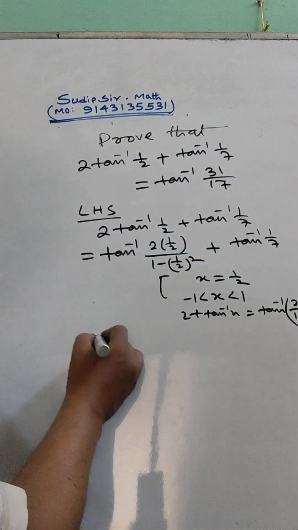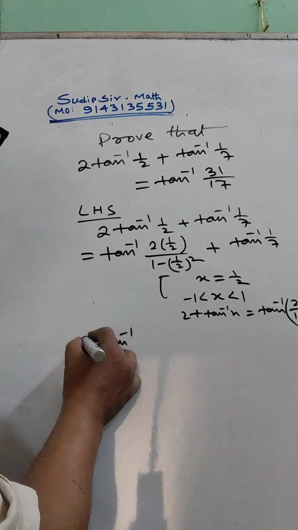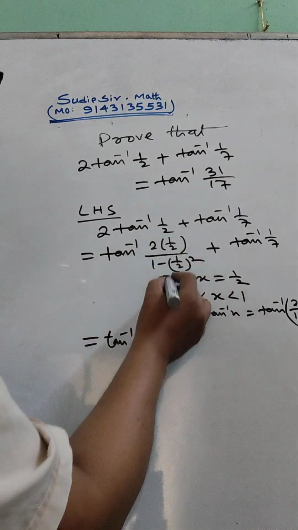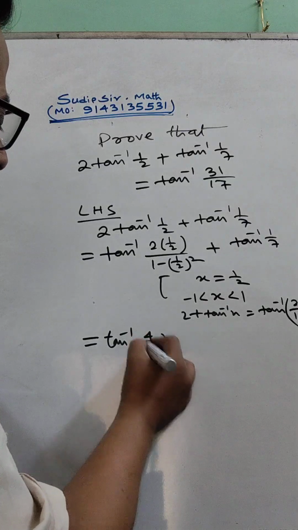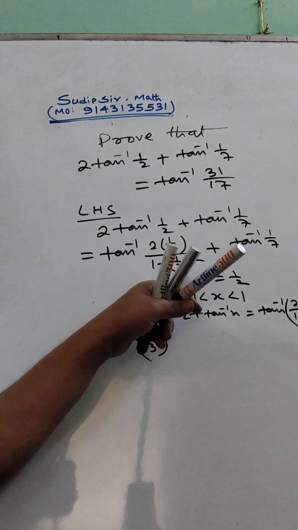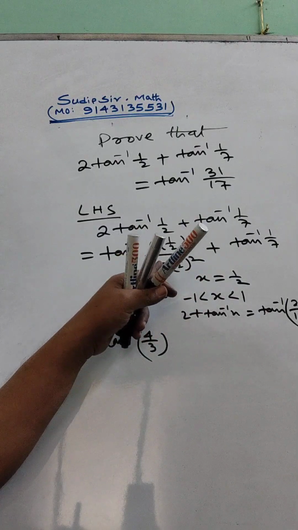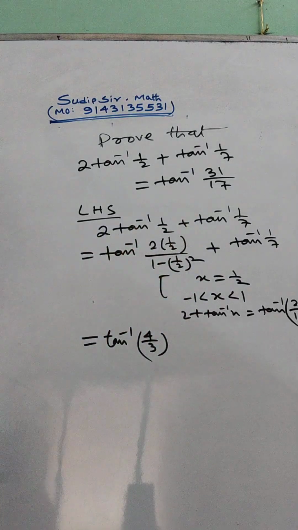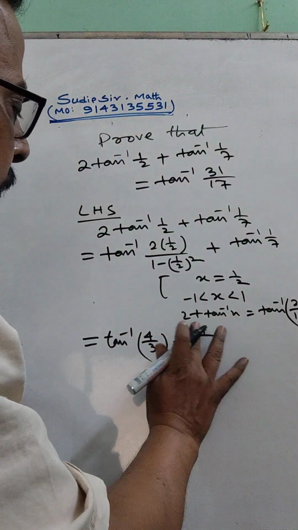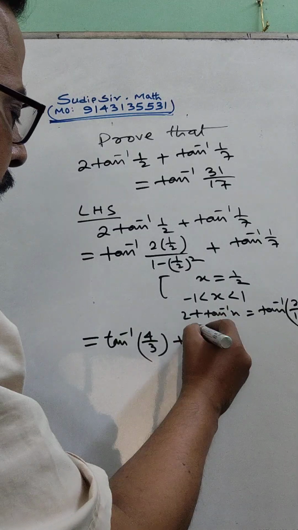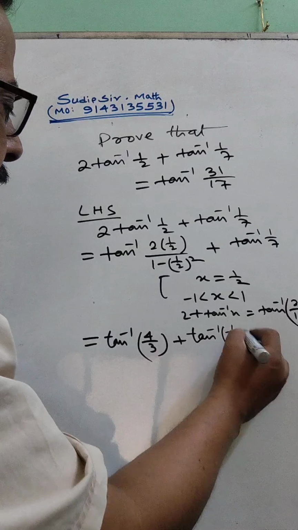Now by using this we get tan inverse of 1 by 3 by 4, that is 4 by 3, plus tan inverse 1 by 7.